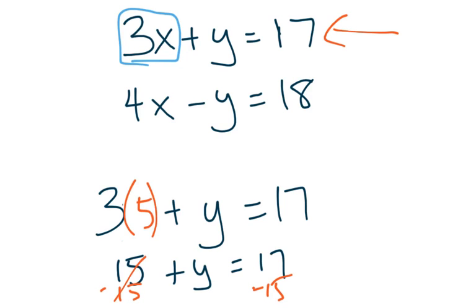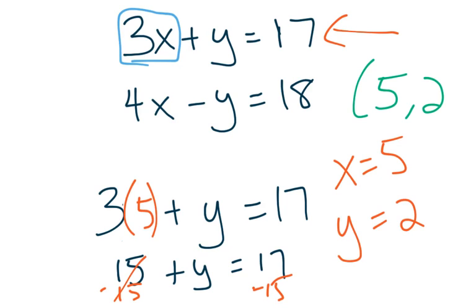Either way, I'm going to get that y is 2. So I do have my solution. My solution is x equals 5 and y equals 2. And if I wanted to write it as a coordinate point, it would be 5, 2.